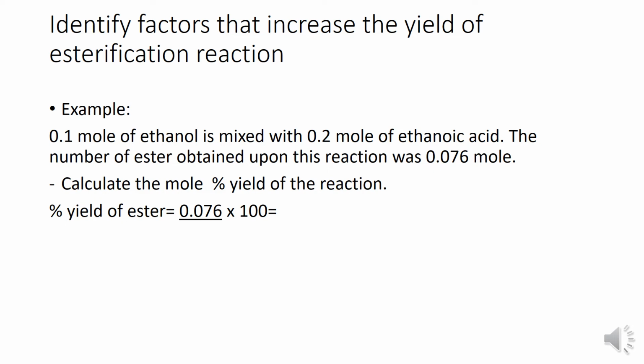The ratio of ethanol is less than the ratio of ethanoic acid. So what can we use here? The number of moles of ethanol to calculate the number of moles of ester formed theoretically. So it will be 0.1, and the percentage yield will be 76%.